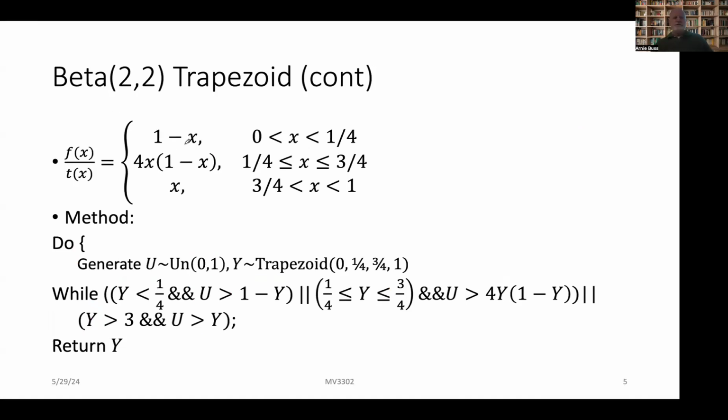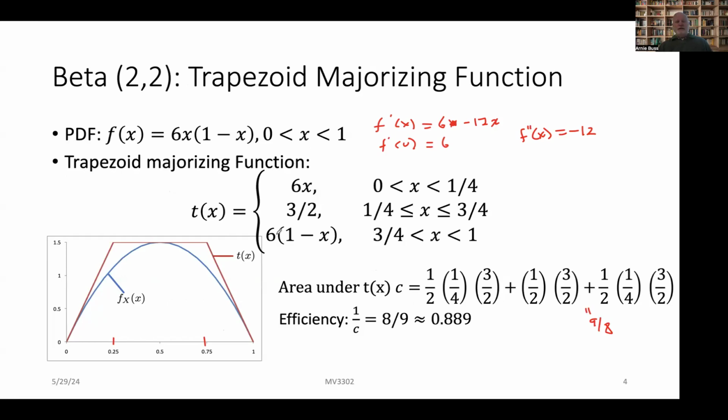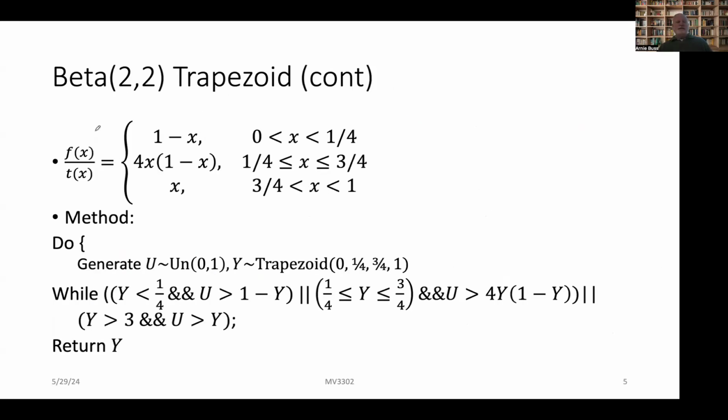For the middle range, we've already done this for the uniform. And then for the other end, the 6 times 1 minus x cancels, and we're just left with x. And so that's the functional form of that ratio.